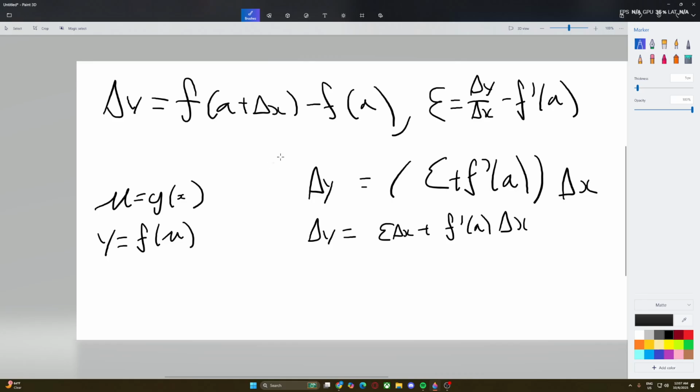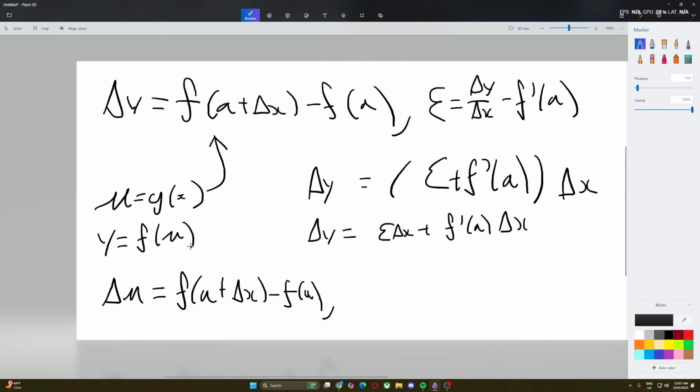and if we do the same process for this thing, for here, we get change in u equals g of a plus change in x minus g of a, right?